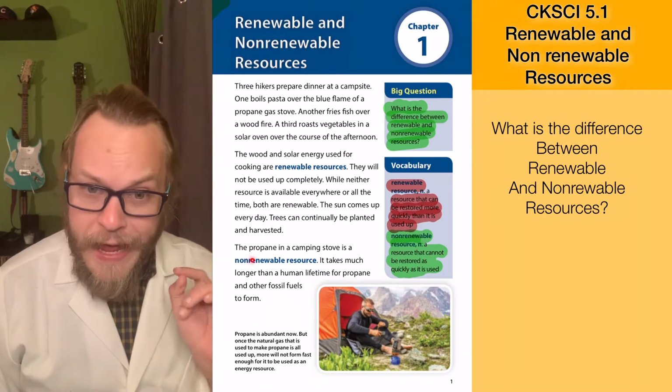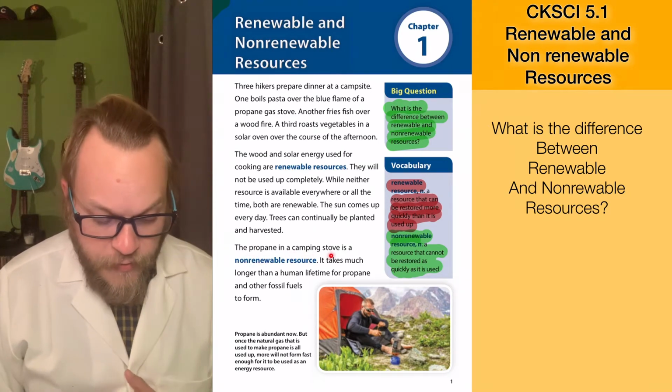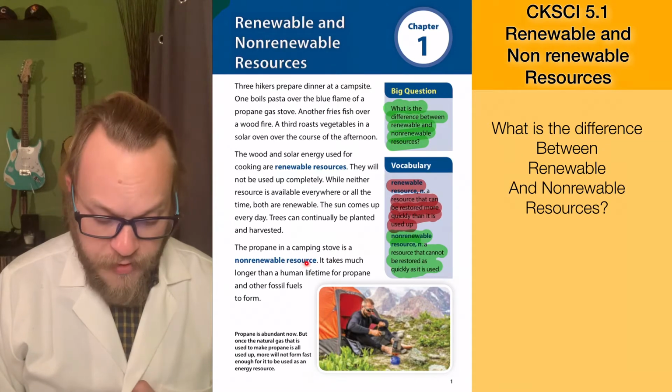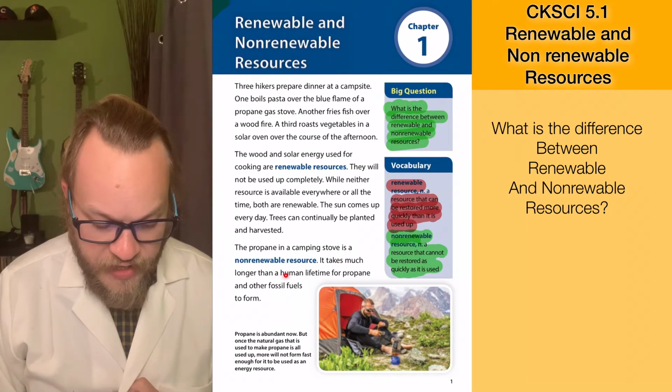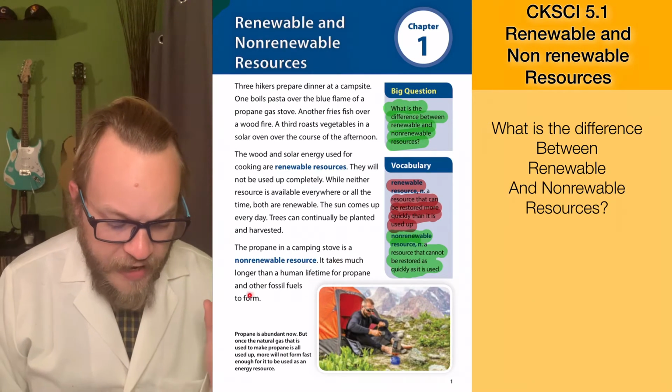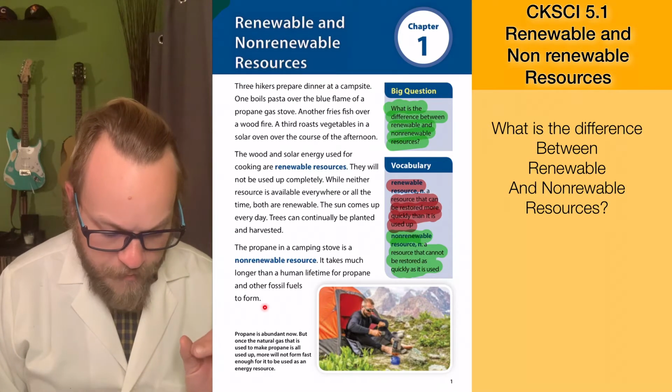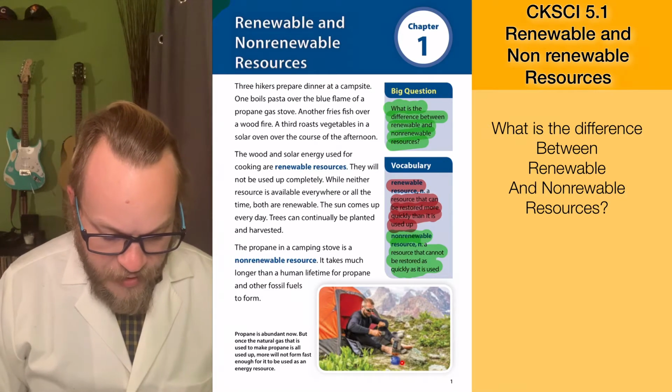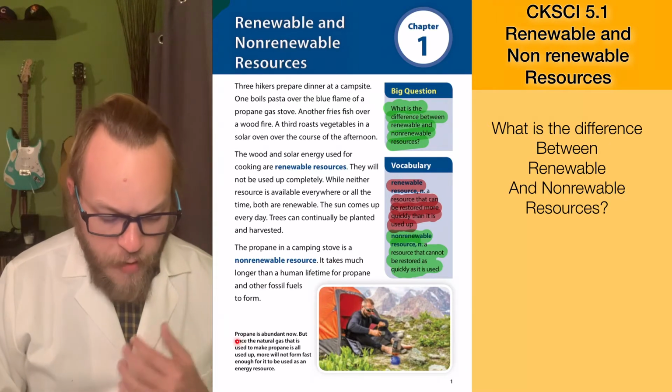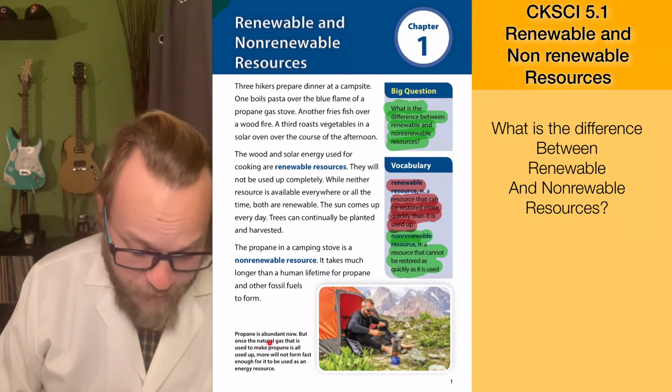The propane in the camping stove is a non-renewable resource. It takes much longer than a human lifetime for propane and other fossil fuels to form. Okay, so here we have our camper. He's got his propane stove. Propane is abundant now. We have plenty of it.